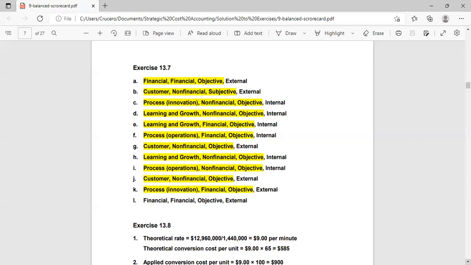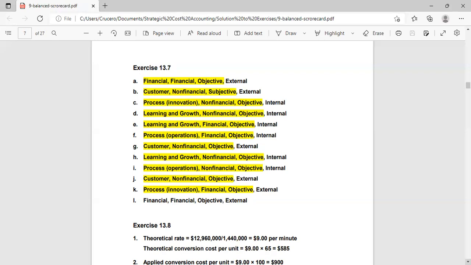In letter E, revenue per employee, we have learning and growth, financial, objective, and internal. Then we have letter F, quality cost. In quality cost, it's process operations, financial, objective, and internal.